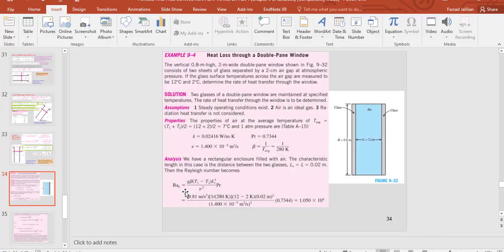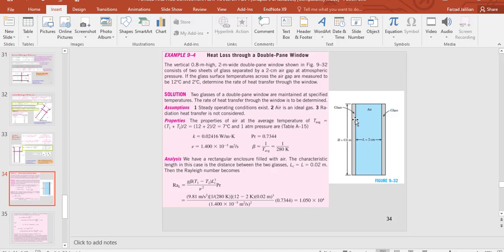Thank you. I'll continue. In this example, we are going to see convection heat transfer for a double pane window. If you remember, we had examples of heat transfer for double pane windows with air or other gases between the glasses, which usually are 2. This is the double pane window.